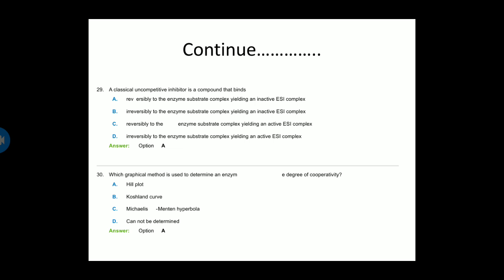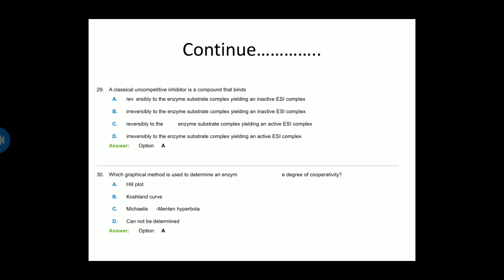Next question: a classical uncompetitive inhibitor is a compound that binds: A, reversibly to the enzyme substrate complex yielding an inactive enzyme substrate inhibitor complex; B, irreversibly to the enzyme substrate complex yielding an inactive enzyme substrate inhibitor complex; C, reversibly to the enzyme substrate complex yielding an active enzyme substrate inhibitor complex; and D, irreversibly to the enzyme substrate complex yielding an active enzyme substrate inhibitor complex.